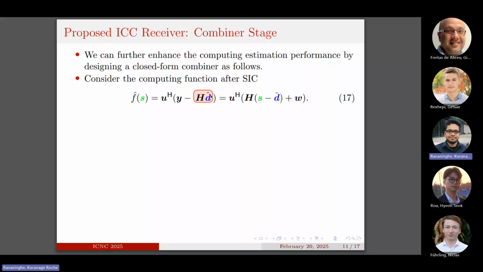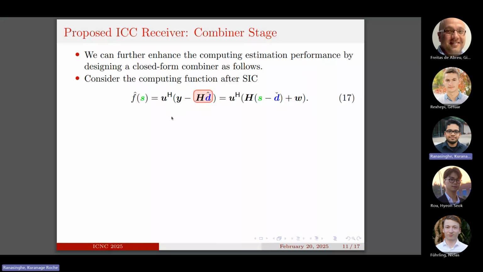So this d hat is some estimated data that we have after the Gaussian belief propagation procedure. We can now use this data that we had estimated previously to design a U Hermitian, which will enable us to get a nice estimate for our computing signal.